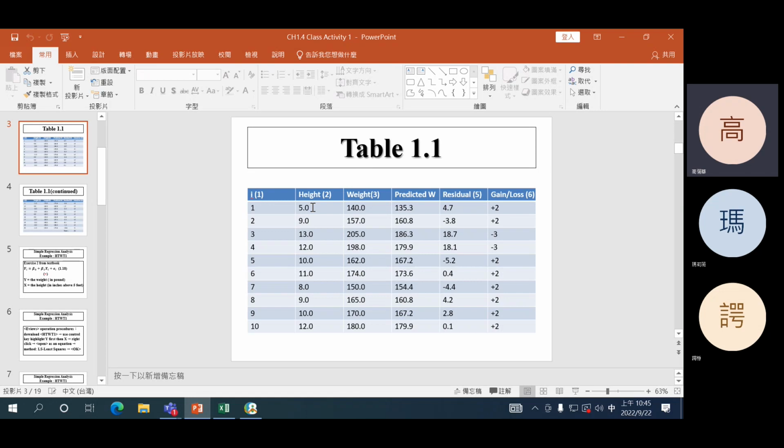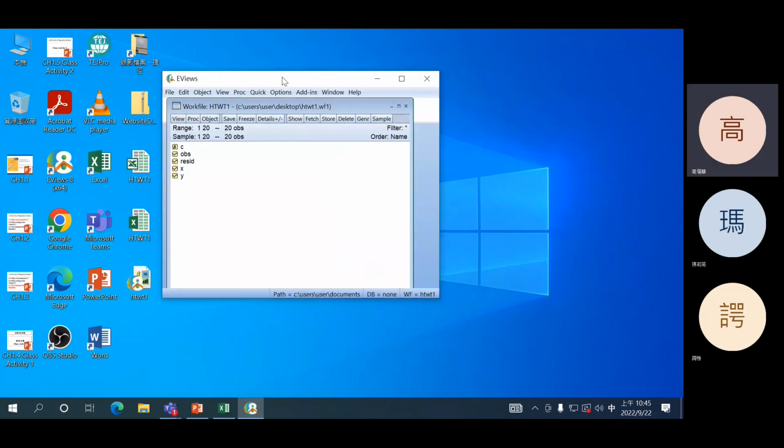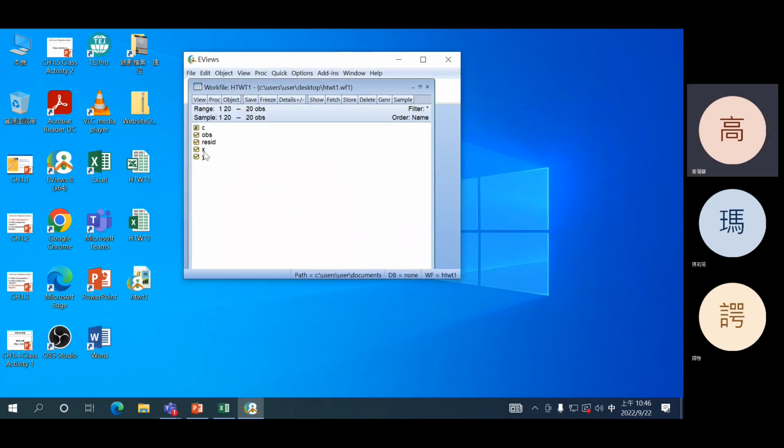So actually, this part is what comes after we do the estimation and we know these predictions, y hat. After we have y hat, then we have residuals, and then we know that we'll gain or lose the money. So for actual data, this is X and this is Y. In EViews, we have only the data.